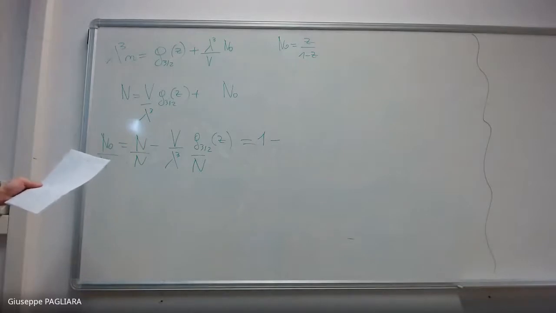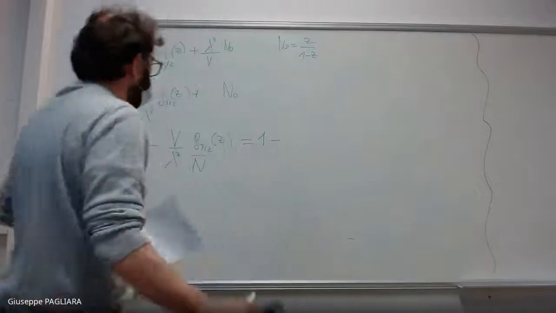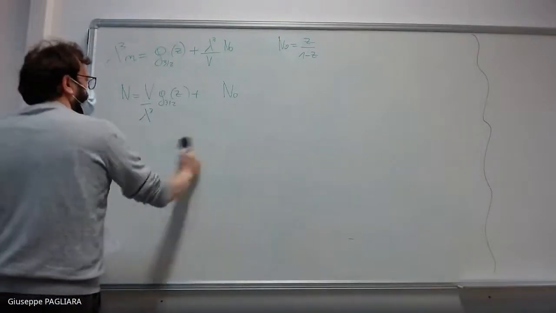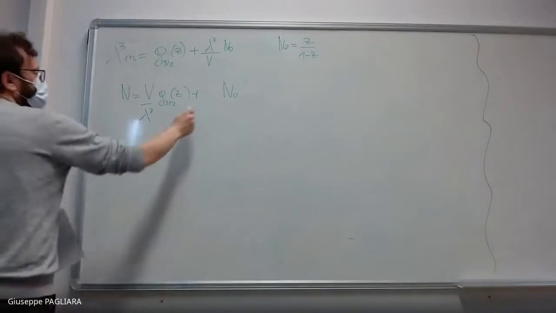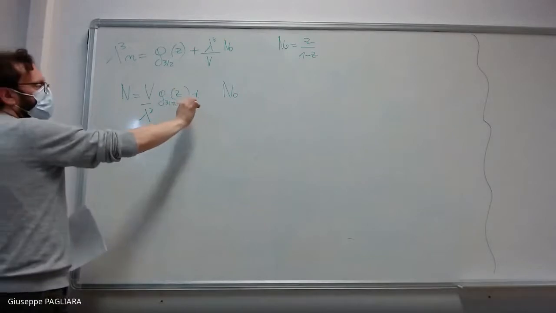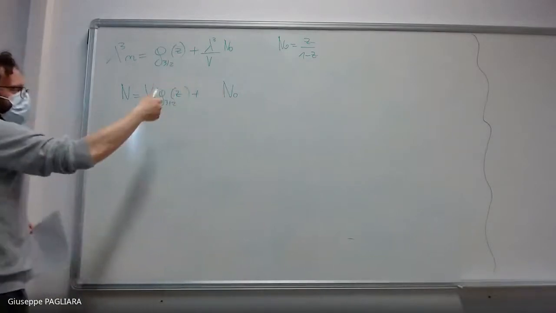Okay, so if I want to compute the condensed phase, I should put z equal to 1, of course. So let me do this before. Of course, if I am at the normal value of z, so far from 1, this will be 0, because it will be infinitesimal actually.